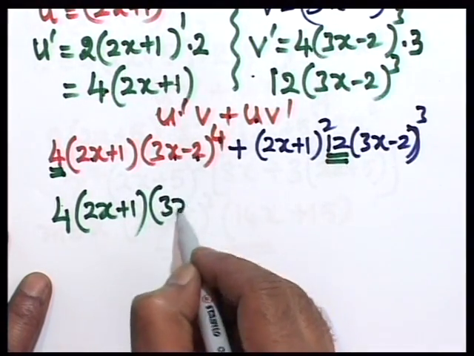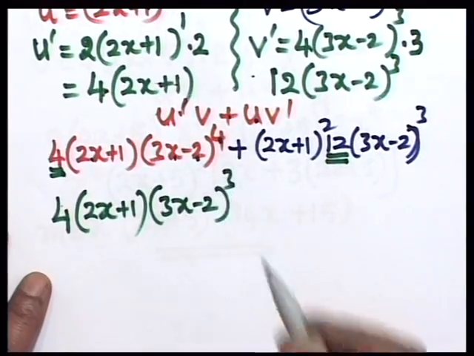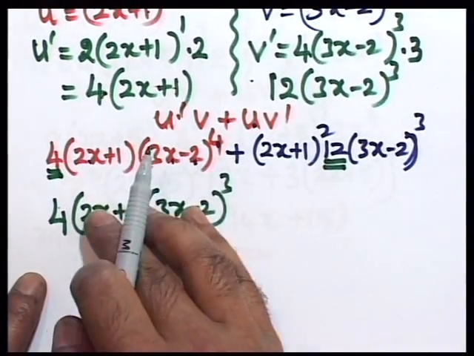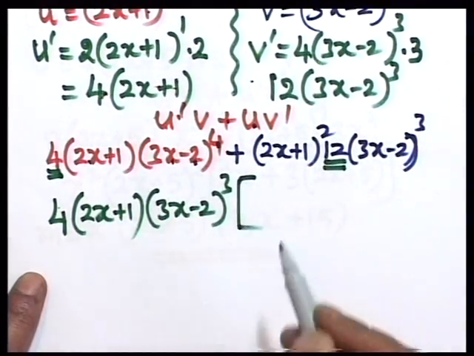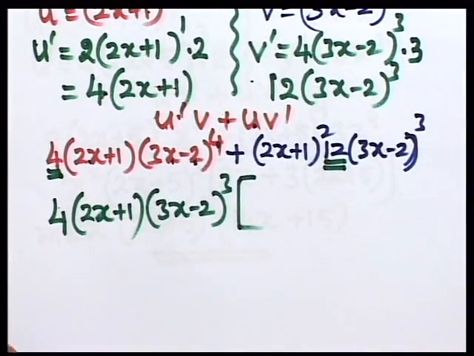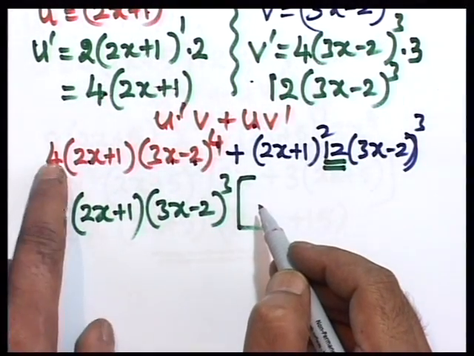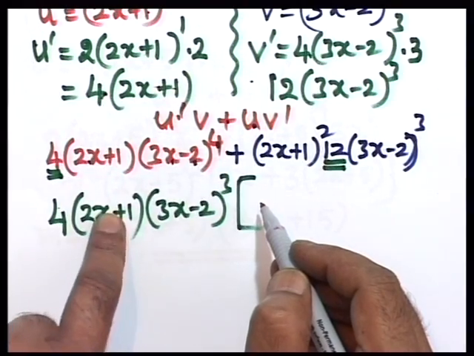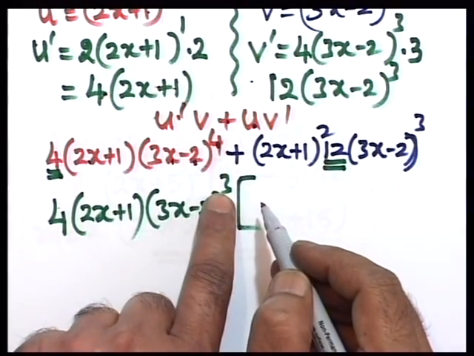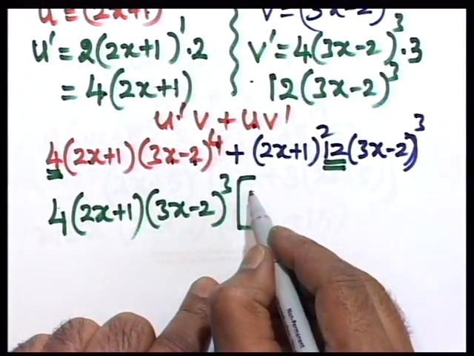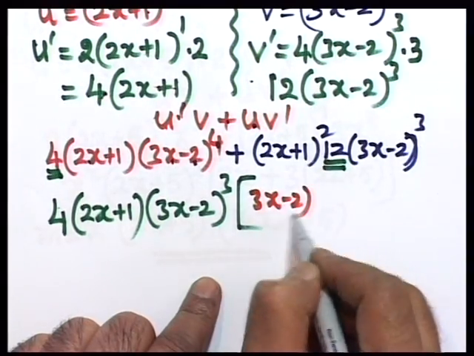So 3x minus 2 to the power 3 is common. Once you finish taking the common factor, big bracket starts and see what we get inside the bracket. 4 is gone, 2x plus 1 is gone. From 4 of them, 3 of them are out. So 1 is left inside, 3x minus 2, bracket please.